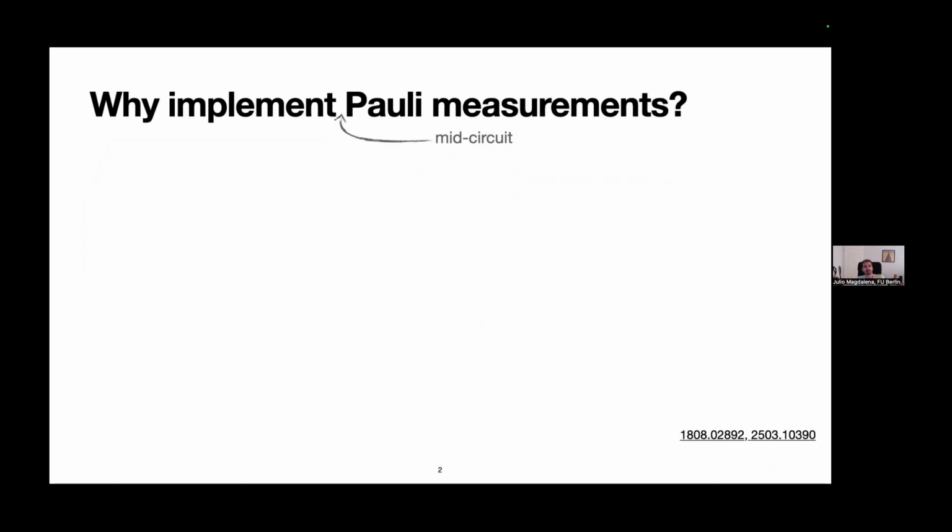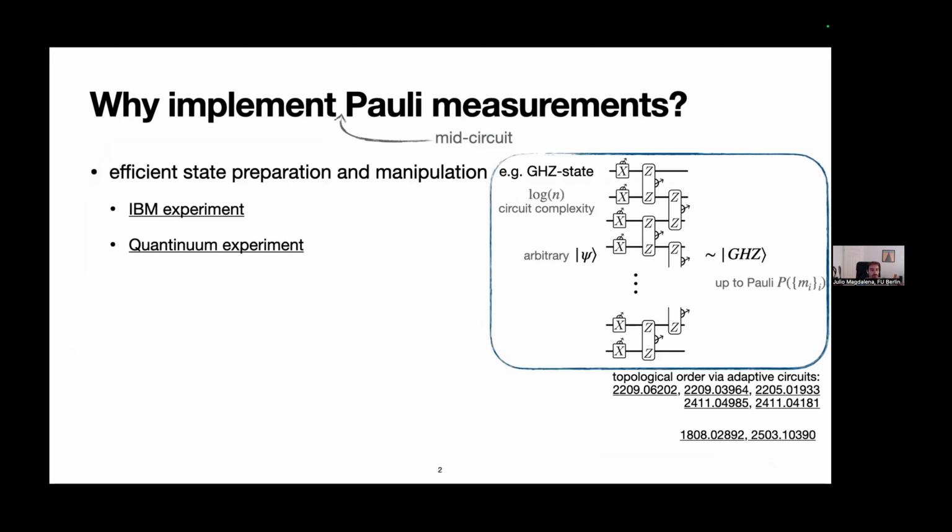So why do we care to implement Pauli measurements or mid-circuit Pauli measurements? There are many reasons. For example, we can use measurements to perform efficient state preparation and manipulation. There have been various experiments showcasing this. One example is if you want to prepare the GHZ state unitarily, you need at least a circuit depth of log n, where n is the number of qubits involved in this GHZ state.